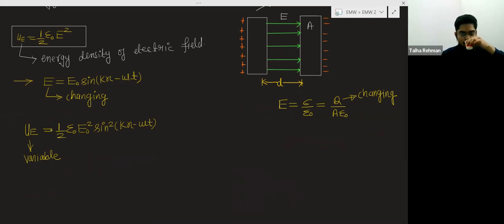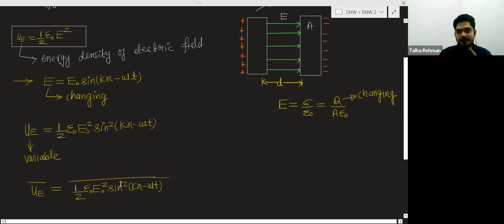Now the average value of the energy density is the bar of half epsilon naught E naught square sine square (kx minus omega t). This is the bar. I have done the derivation of power also with this method.